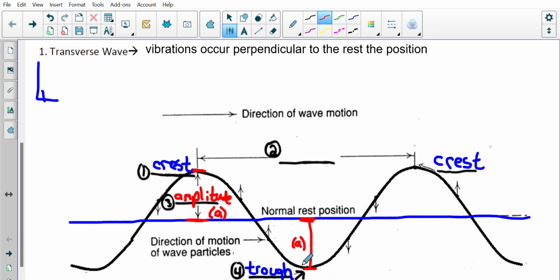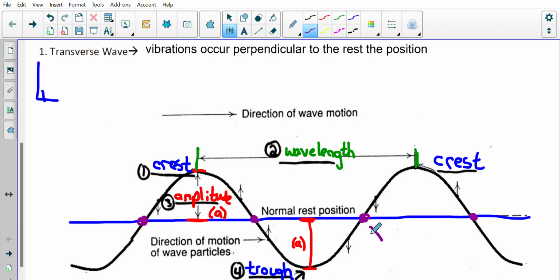Another big thing that we are going to be looking at is the distance between crests, which is called our wavelength. It's how long your wave is. Other things we have are spots where your wave hits your resting position. Right here's a spot, right here is a spot, and I guess I got another one here.